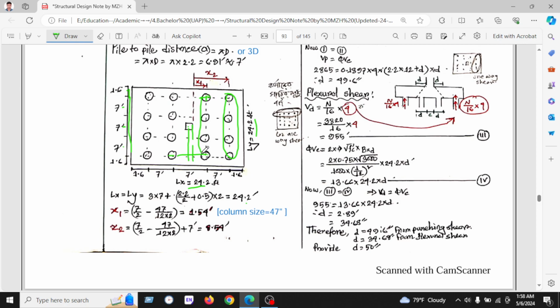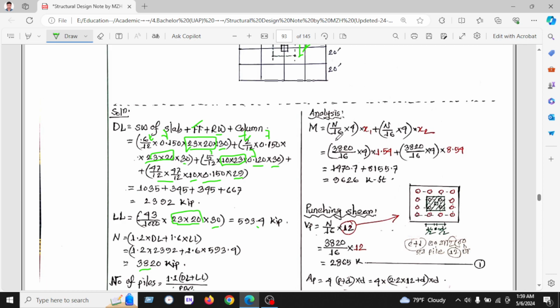X1 is for the first row of the piles, and x2 is for the second row of the piles. X2 we have calculated in the same way: 7 divided by 2 minus 47 divided by 12 over 2, and then the pile to pile distance, which is 7. That's why we have gone from the face of the column to the second row, which is x2. Okay.